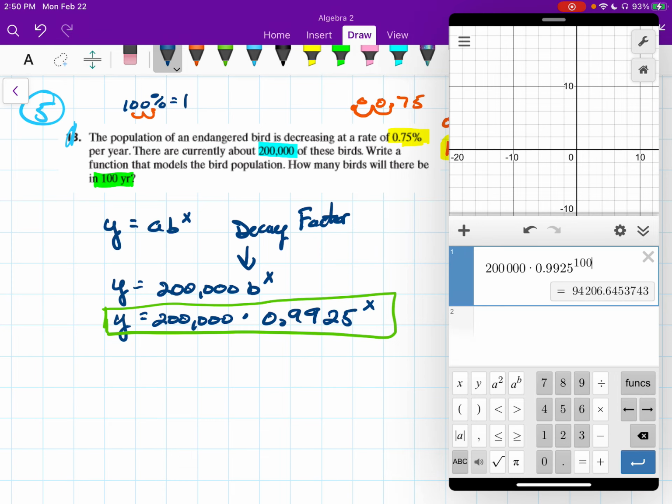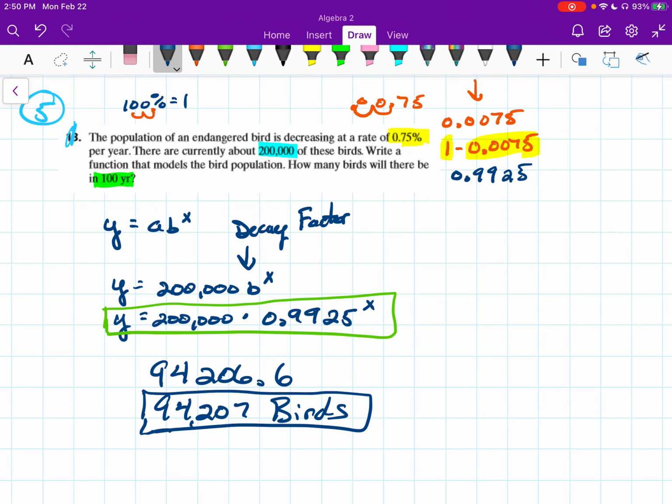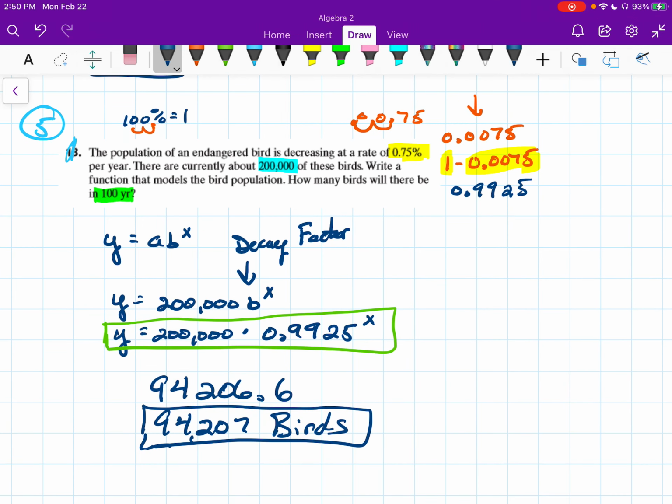And it spits out 94206.6, and it doesn't really make sense to have 0.6 of a bird, so we're going to round up. 94207 birds. So there we are. This is the way that all of the word problems will work, I think they're in the middle of the page on your homework. That's how they will work.